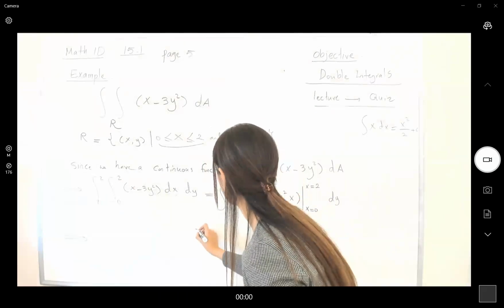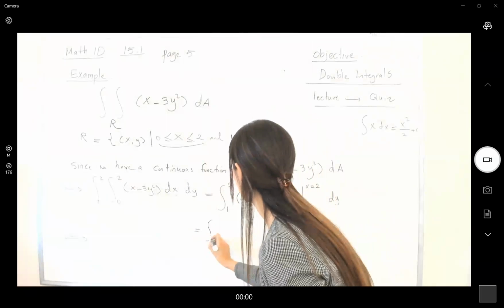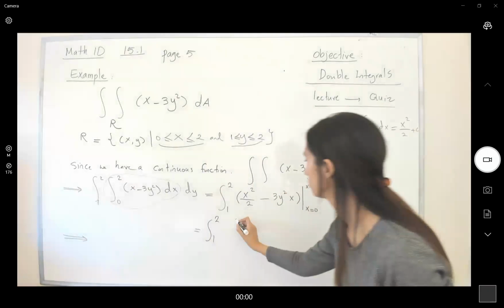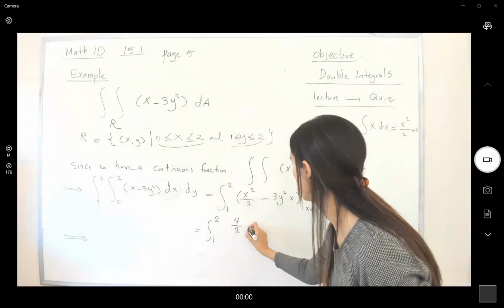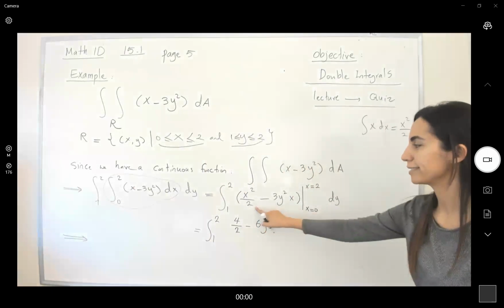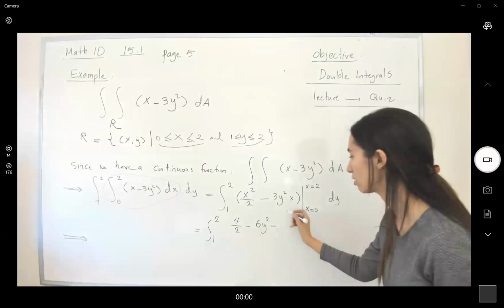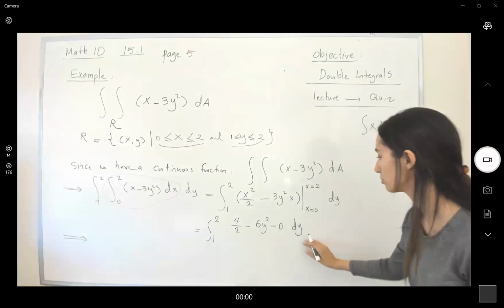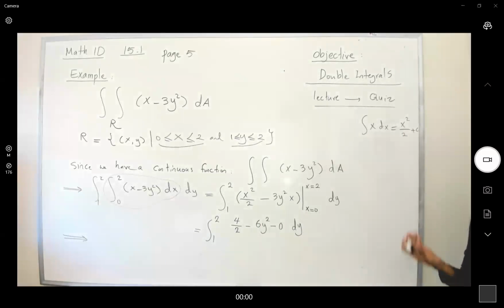So this is equal to the integral from 1 to 2. Let us plug in 2. We get 4 over 2 minus 6y squared, minus, if I plug in 0, the outcome is 0, so I'm not really worried about the second one. Now I'm taking the integral with respect to y.